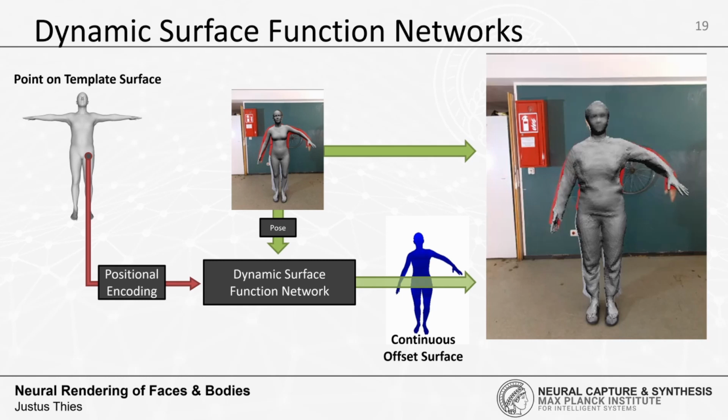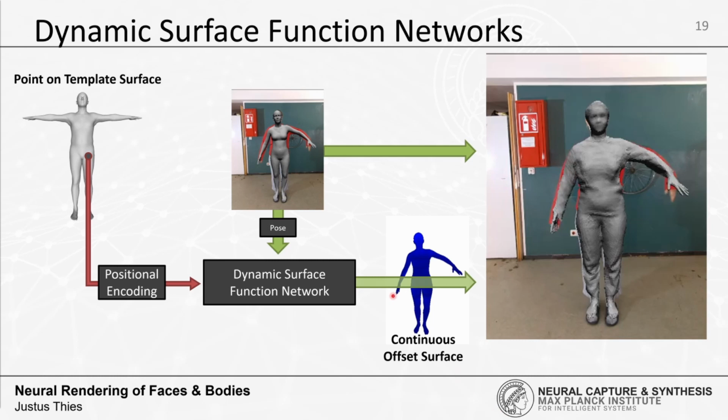Similar to the NeRFs approach that I showed previously, the MLP is conditioned on the pose. So depending on the pose, the MLP is able to output different offset surfaces.